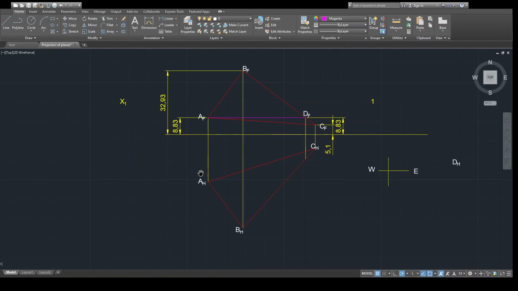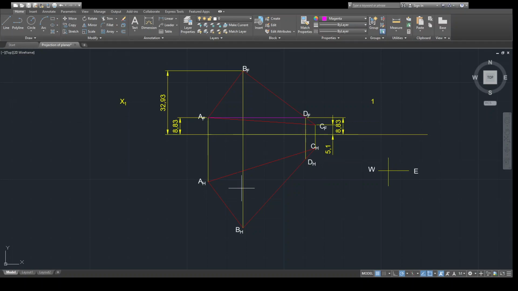Now draw the vertical projection from all the points AF, BF, DF, CF. As we know, point DF lies on the edge BC. Similarly, you can see point DH is easily located on the edge BC in the top view, so let us name this point DH.